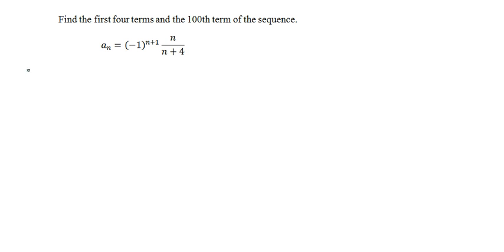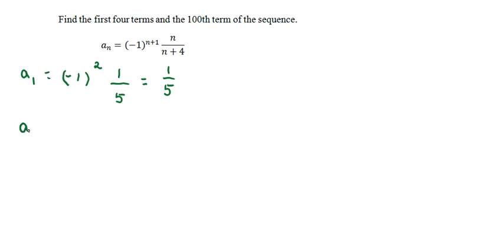So this time our a sub 1 will be the product of negative 1 to the 1 plus 1, which is 2, times 1 over 1 plus 4, which is 5. So this will be a positive term because negative 1 squared is 1. So the first term is 1/5.